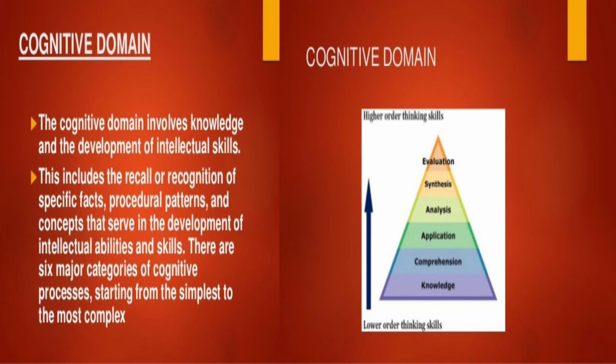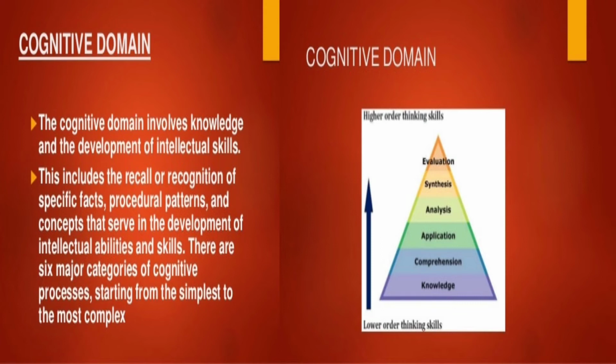Then at the evaluation stage, the student is able to make a judgment about the particular cell, whether it is a plant cell or animal cell, based upon the evidence provided, and they can judge, recommend, and justify their reason why they are telling that it's only a plant cell, why not an animal cell, like that. So certain reasons are there for them to evaluate their performance. This is regarded as the final stage of the cognitive domain.